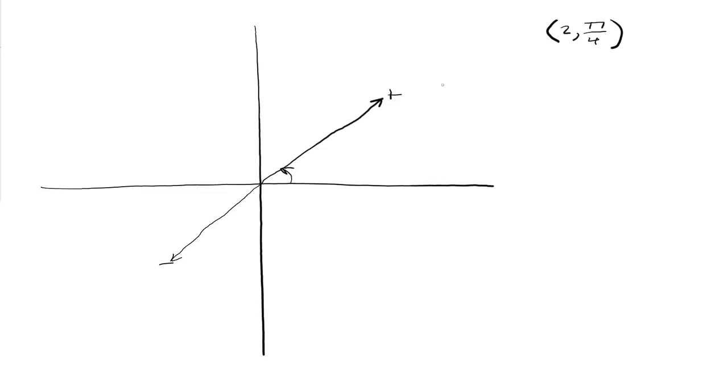So the terminal side is always positive, always plus for r. Wherever that terminal side lands, that's your positive axis. The negative axis is in the opposite direction. So what if I wanted to graph the point negative 2, pi over 4?